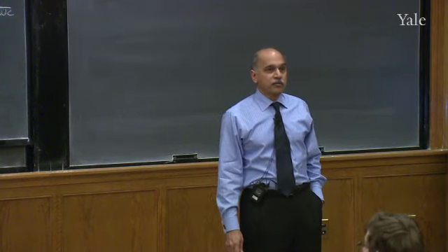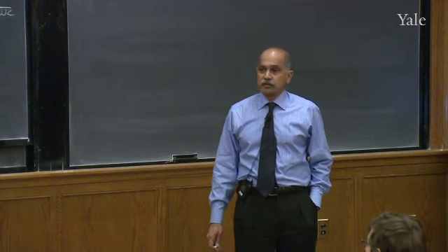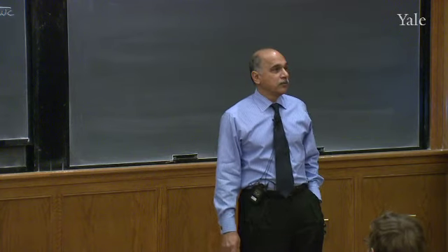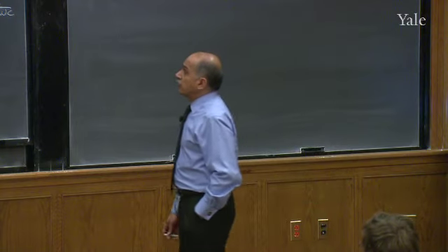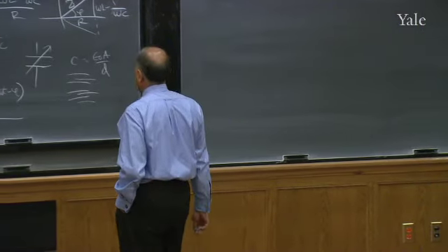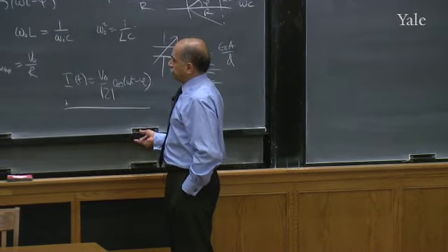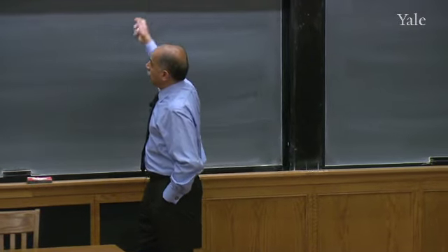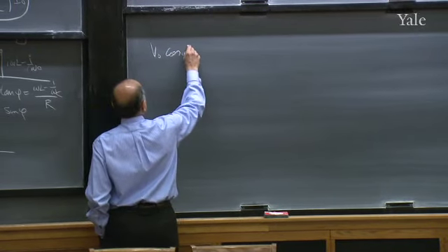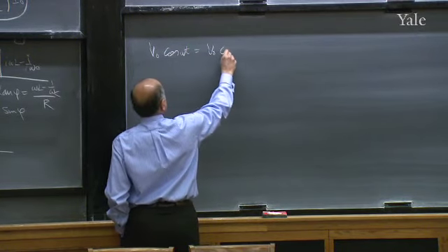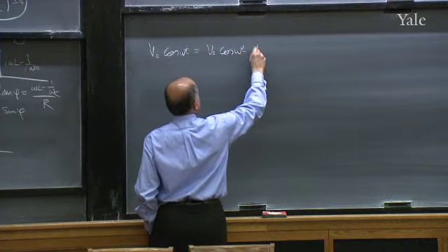Have you seen this before in your math, whatever? No? Okay, here is, I'm going to give you a clue. And you have to think about this clue and see what you get out of that. V0 cos omega t equals V0 cos omega t plus 0.